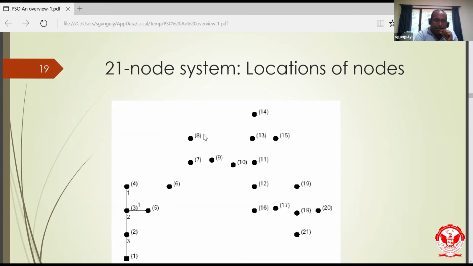The numbers in the brackets are the node numbers. It starts from number 1, where you have this square showing the location of the substation. That means from here you are getting power, and you have to connect all of this. There is some existing network like this. In this network, nodes 2, 3, 4 and 5 are connected with the substation in this way.